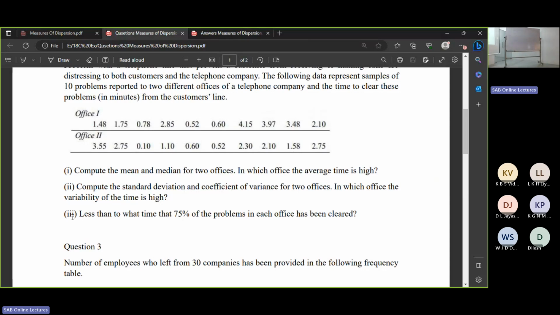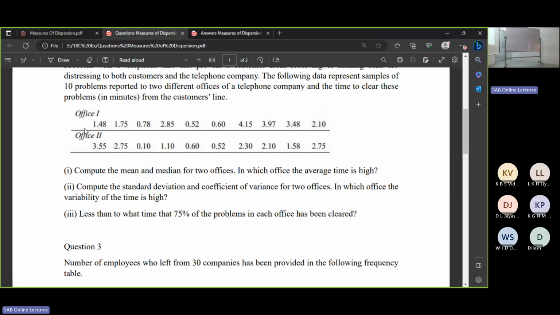Which quartile? Third quartile. It is less than to the Q3. It covers 75% of the data. Is it clear? Then find out the Q3 for both office 1 and office 2.